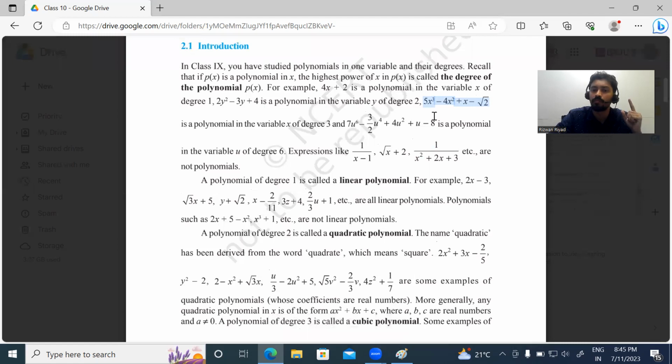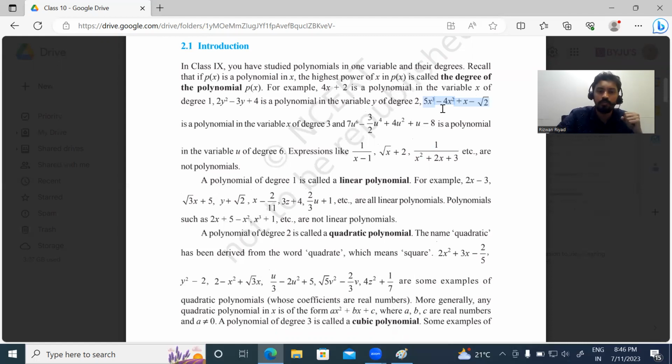Among 1, 2 and 3, 3 is the greatest number. So the highest exponent of the variable in this polynomial is 3, and we can say that the degree of this polynomial is 3. Degree of a polynomial simply means the highest exponent of the variable.